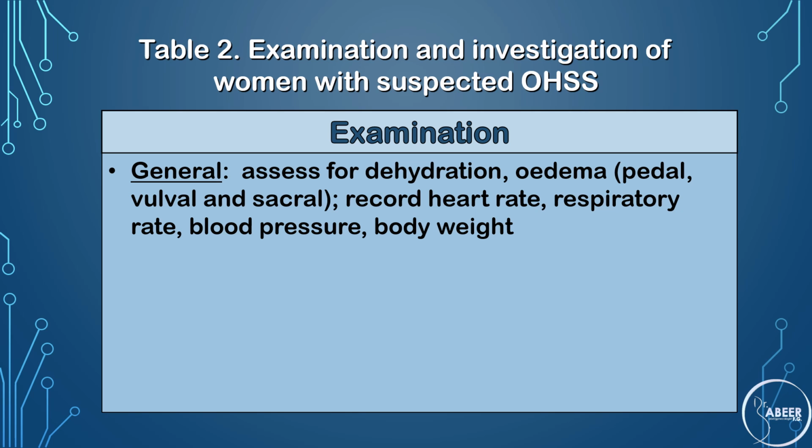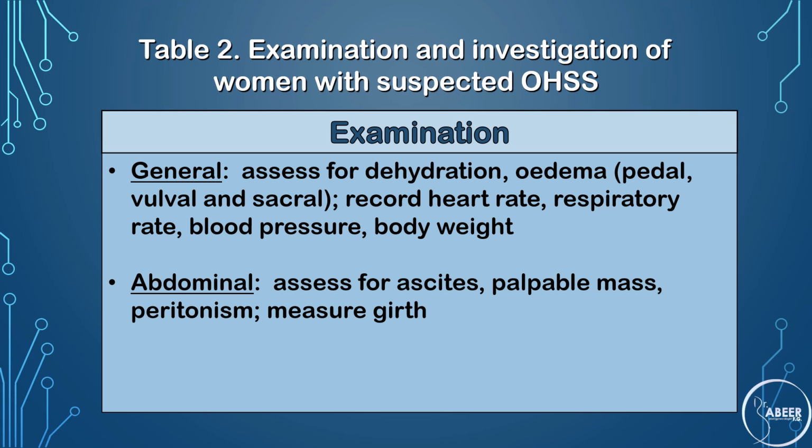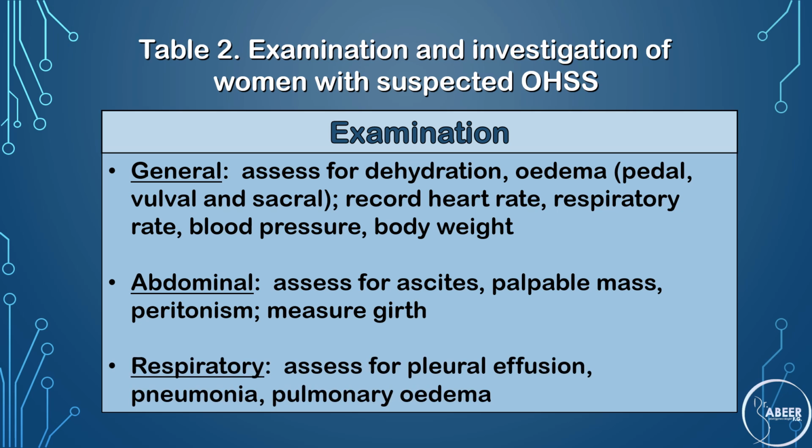Record heart rate, respiratory rate, blood pressure, and body weight. Abdominal: assess for ascites, palpable mass, peritonism, measure girth. Respiratory: assess for pleural effusion, pneumonia, and pulmonary edema.